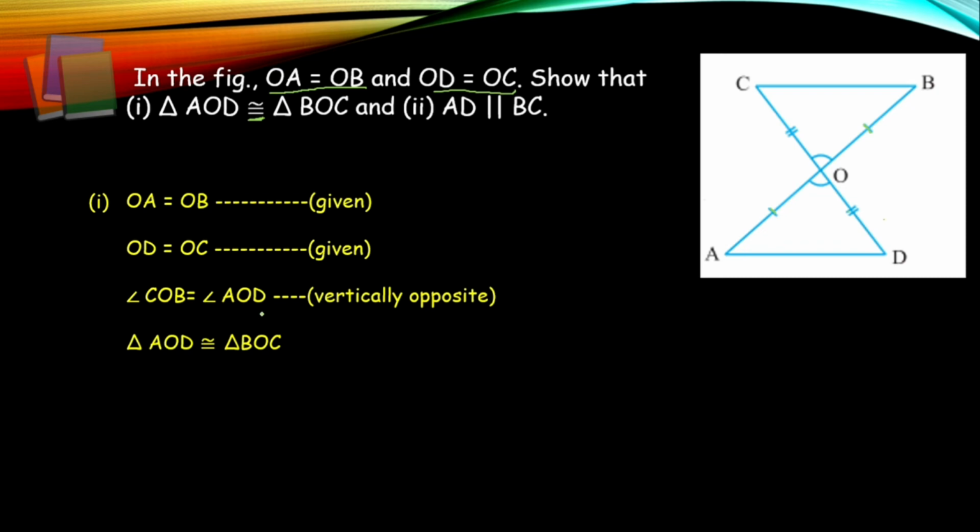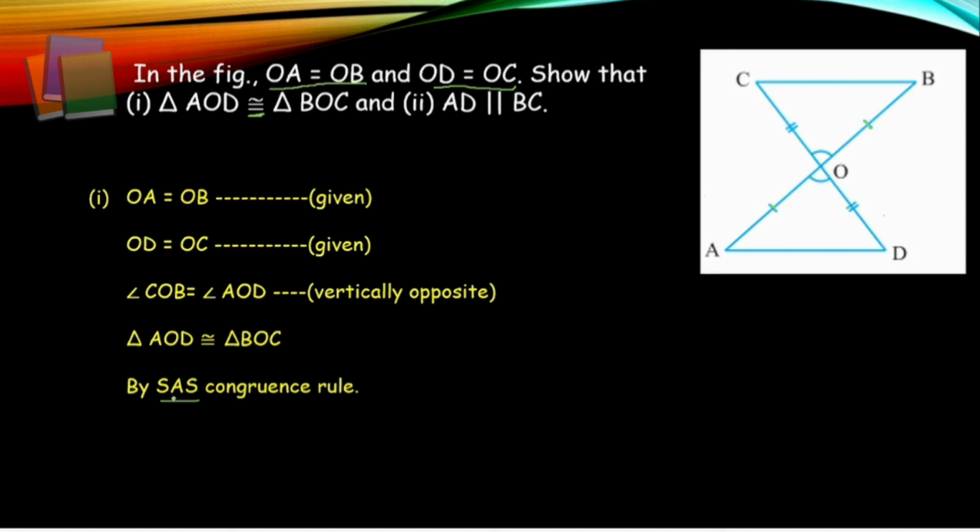Therefore, we can say that triangle AOD is congruent to triangle BOC by the SAS congruence rule. S means side, A means angle, and S means side again, and A is in between because the angle is included between two sides.